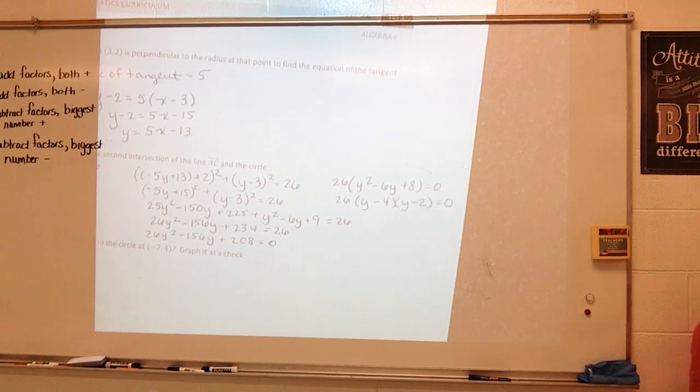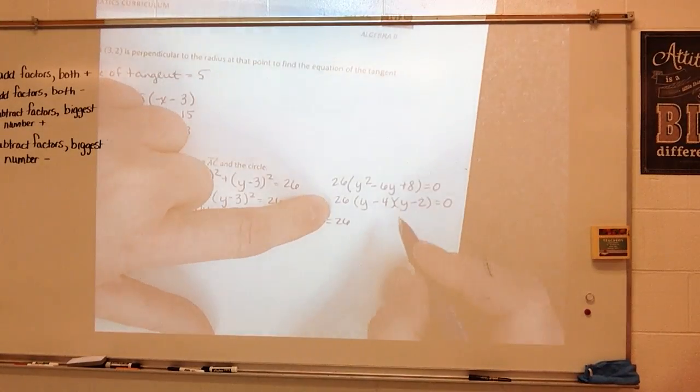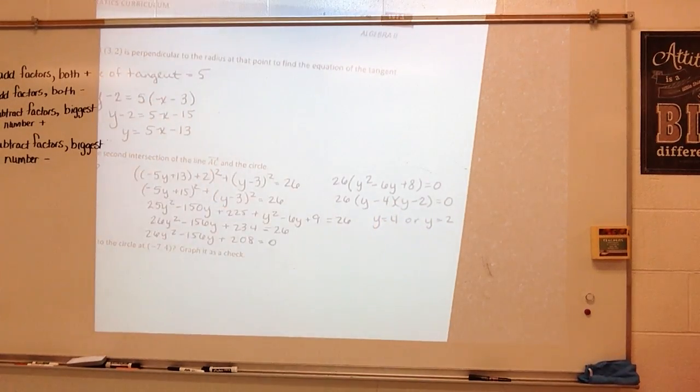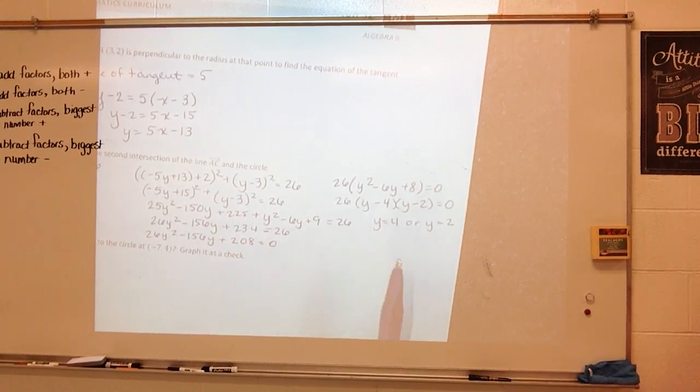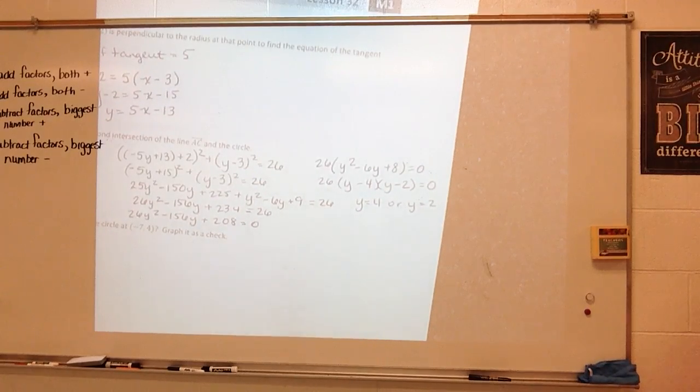All right, and so then I see that y is equal to 4 or y is equal to 2. All right, so I have to plug in. So if y is equal to 4, plug it back in, I get negative 20.